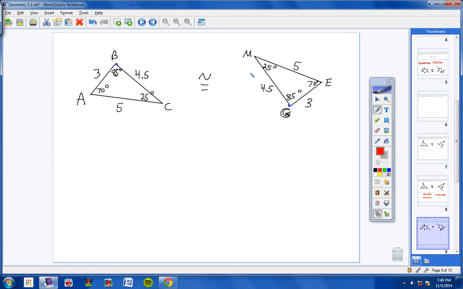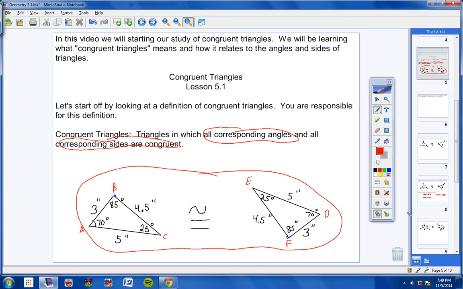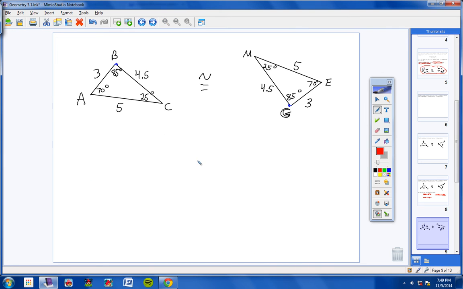Instead, go back to your notes, way back here at the beginning of your notes, when you guys wrote down the definition of congruent triangles, and then you copy this down, okay? So go back in your notes and look at these triangles here. And what I would like us to do is write a couple congruent statements using these triangles, okay?